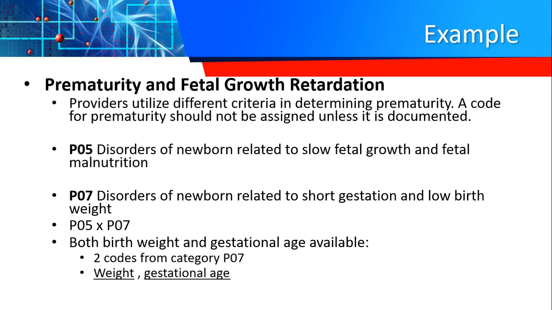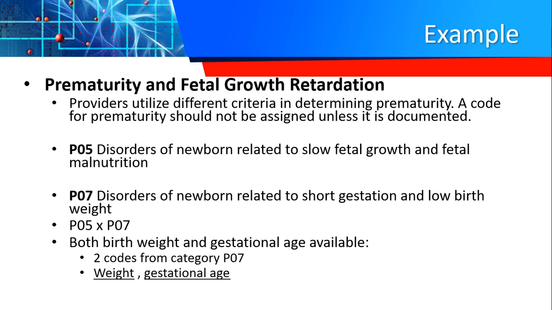You always need to have two codes for P07, and weight comes first before your gestational age. The fourth character will tell you the 0 first before the 1, or 1 first before the 2. So you have a key, a reminder, for the sequencing of codes.